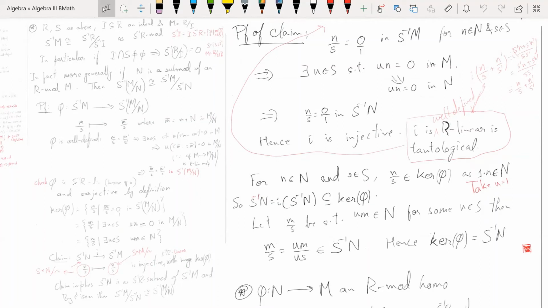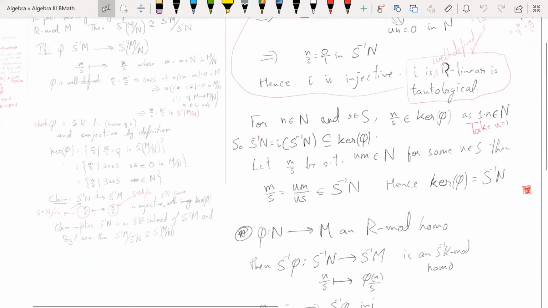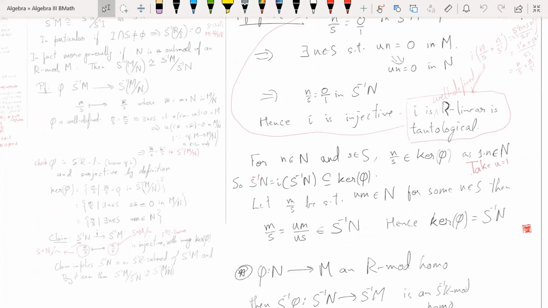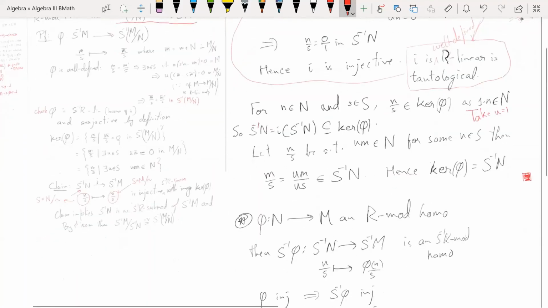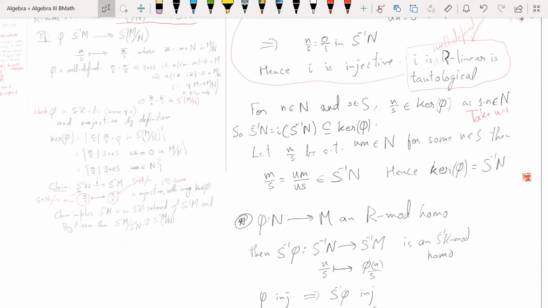That S inverse M over N is isomorphic to S inverse M over S inverse N. So we have shown something slightly more. In this small equation, this information is embedded, that S inverse N is a submodule of S inverse M. In fact, slightly more general is true.